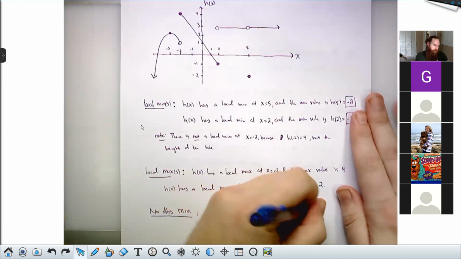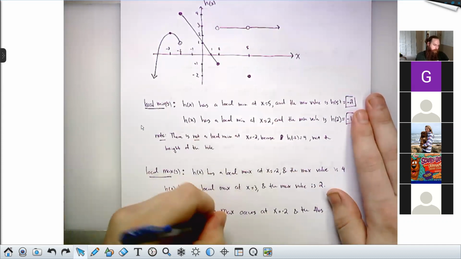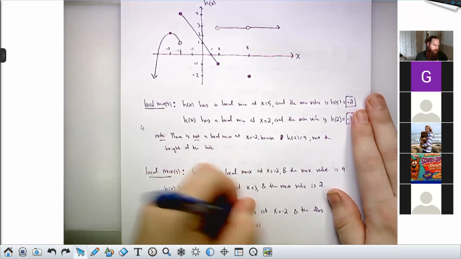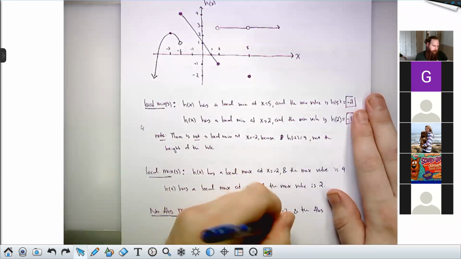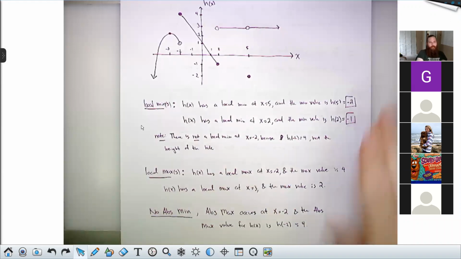And the absolute max value for h of x is h of -2, which is 4. So the maximum value that this function ever outputs is 4, and it outputs that max value when x is equal to -2. This guy.